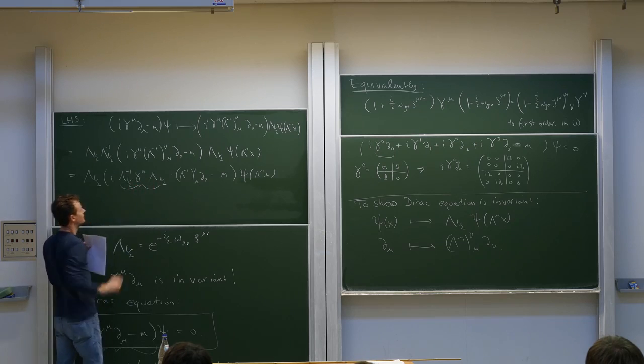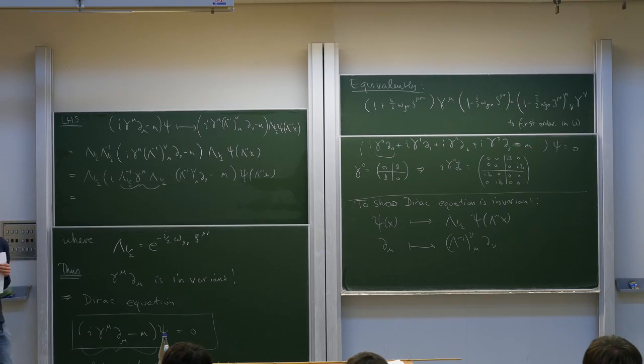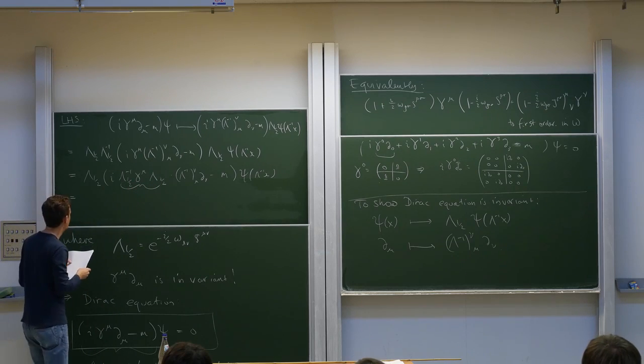And now we can use the fact that this thing transforms as a vector under this adjoint representation.